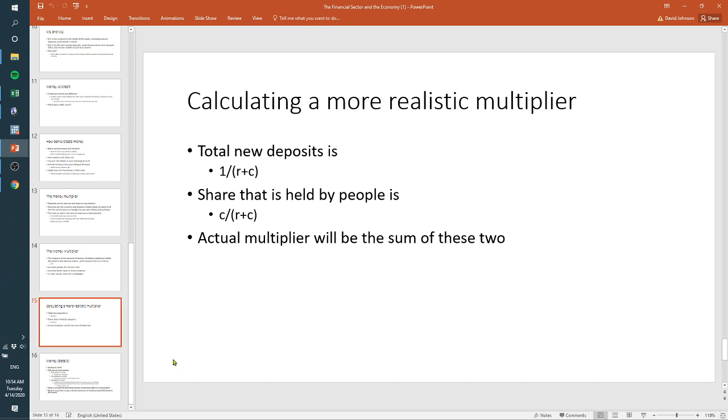These are more realistic money multipliers. This one right here is a money multiplier that assumes that some excess reserves are being held by banks. And when we add these two together, we can get a money multiplier that is a lot more realistic. We're not going to get into those details.